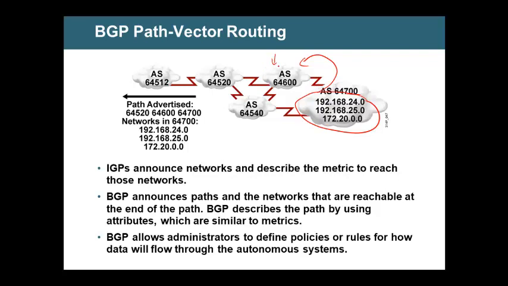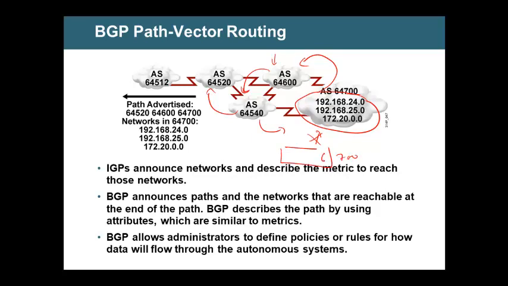Now this is going to give to this one and this one. When it comes to this one, it says, I will not accept it. Why? Because the path shows 700, 600, and then 540. It can see the origin is my own. See, it is coming like this, and you can see the path in which the update is coming.